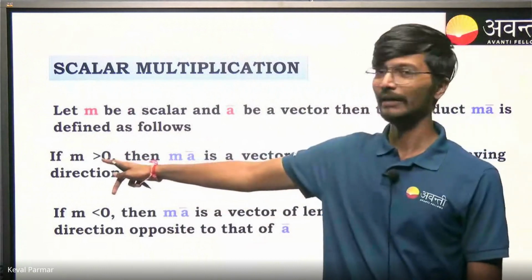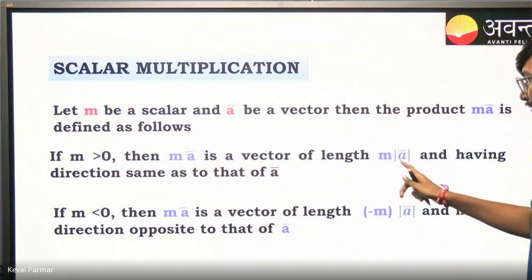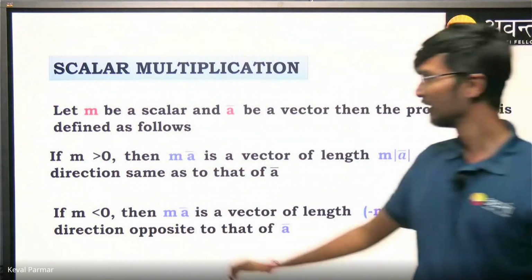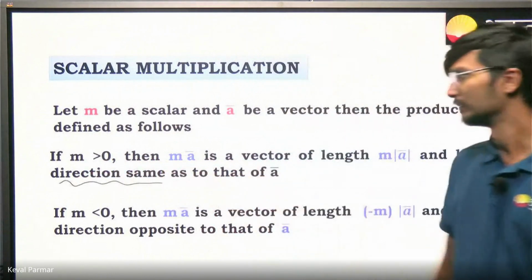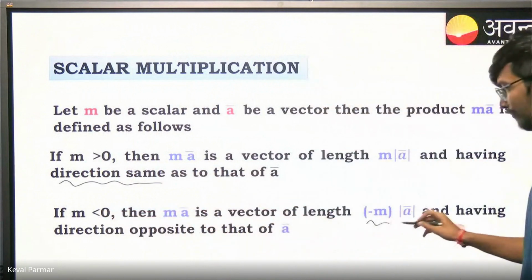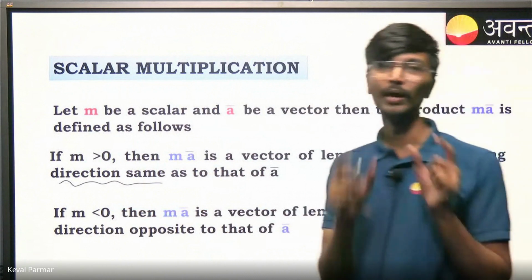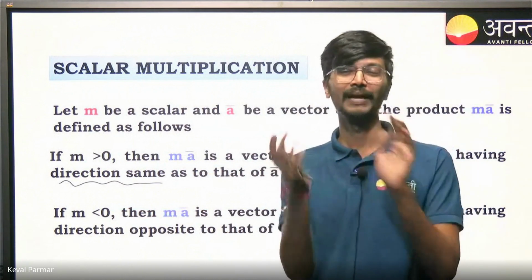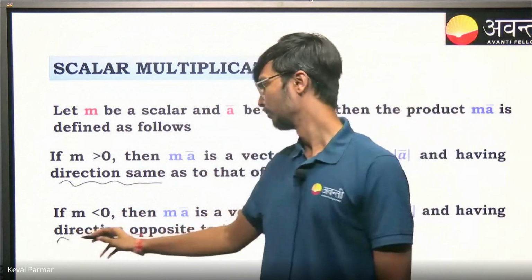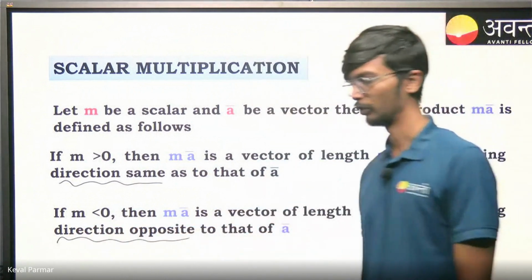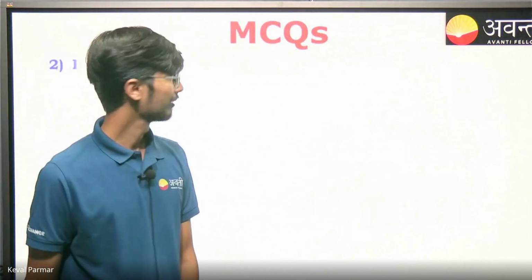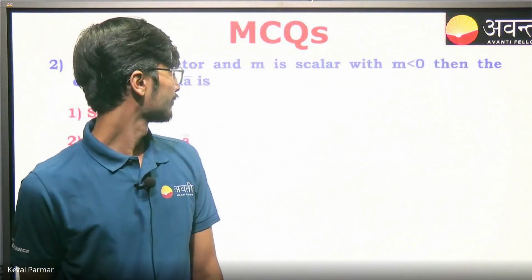If m is greater than 0, m is positive, then it is a vector of length m times the original vector, and it has the same direction. But if m is negative, then it is a vector of length |m| only. The length is still m, the minus makes a difference: the minus sign just gives it the opposite direction. Got it? Okay, let's now see some questions.